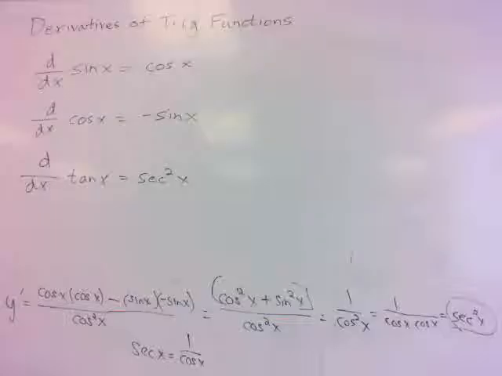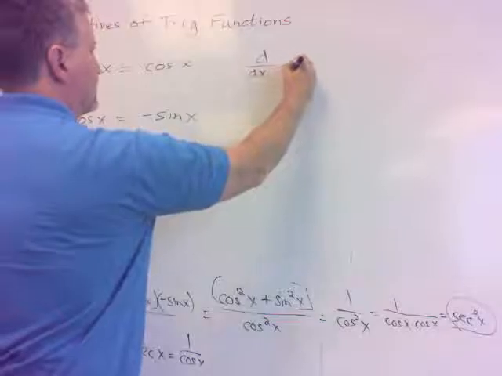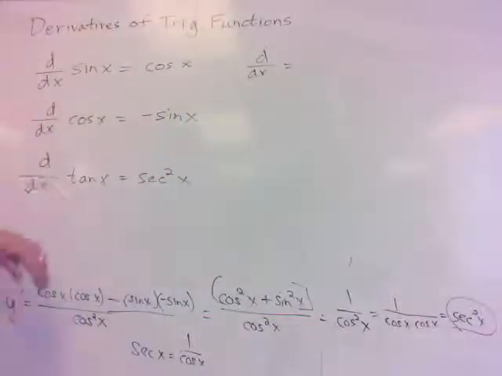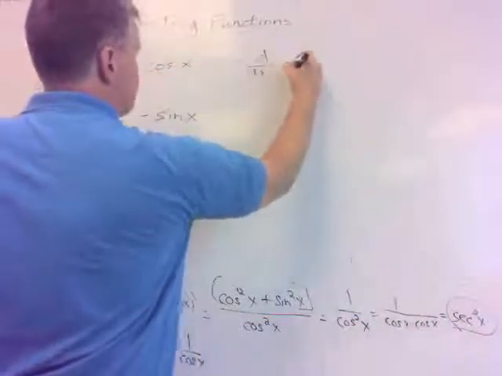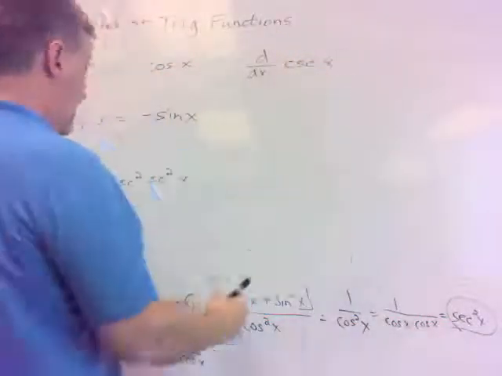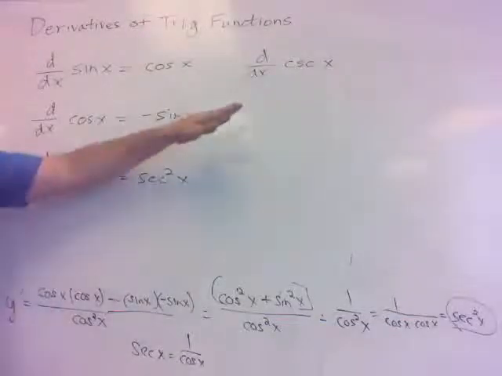Like I said, similarly, we could go through the others. Matter of fact, we could do the d/dx of cosecant, a very similar thing. Cosecant is 1 over sine. We could prove what we get when we take the derivative of 1 over sine of x.